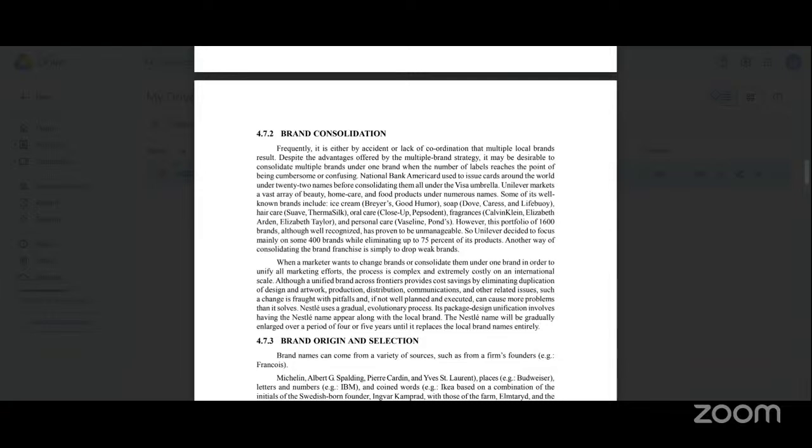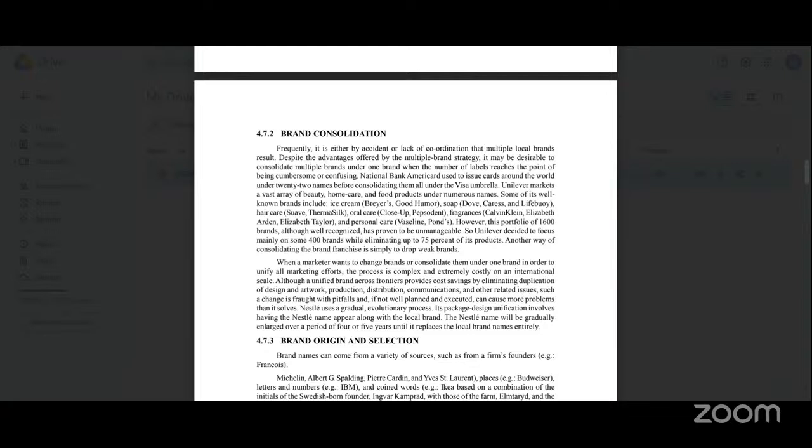So here, if you see factors like Unilever, what do they do? What we are very familiar with is the wide range of products that they offer, whether it's in beauty or home care or food products, just to name a few.